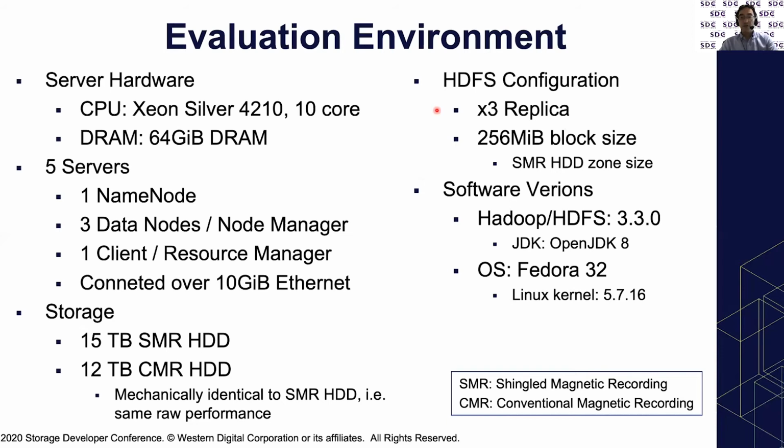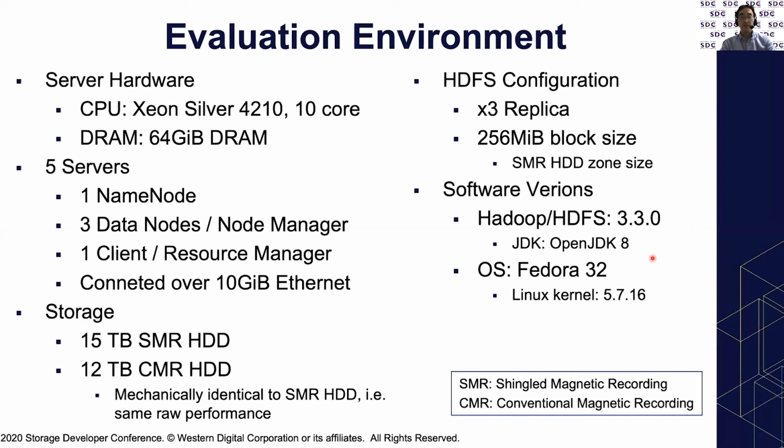HDFS is configured to have 3 replicas. The size of HDFS block file is set to 256 megabytes. This is the same as the SMR HDD zone size. For Hadoop and HDFS, I used the latest release 3.3.0.